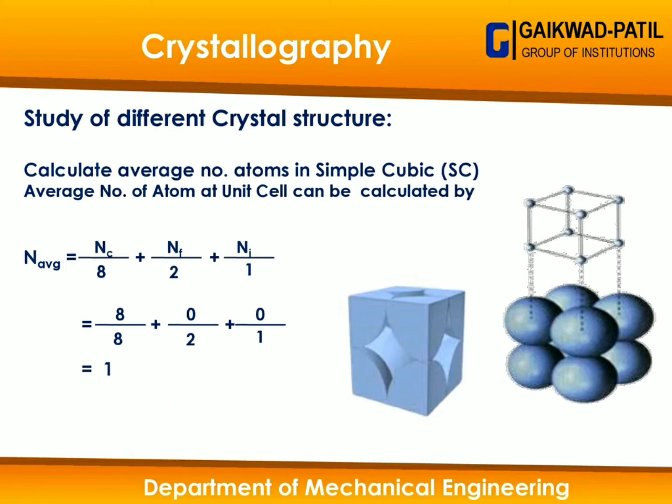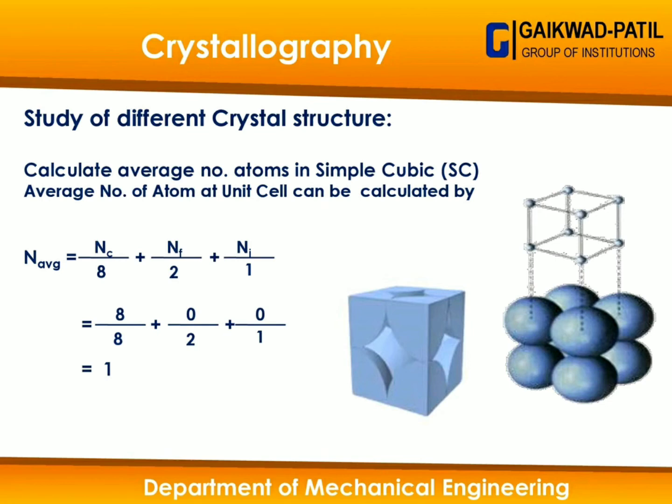At each corner, as shown in the diagram, one part comes into the share of the original unit cell. All 8 parts of the atoms combined form one atom, as shown here. That is the manual calculation, but with the help of the formula we can calculate that the number is 1.